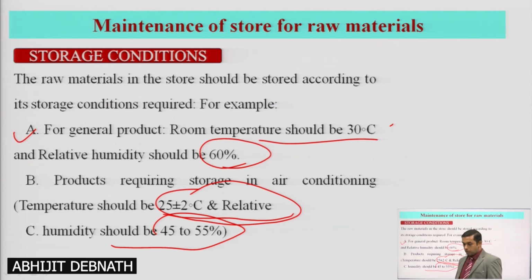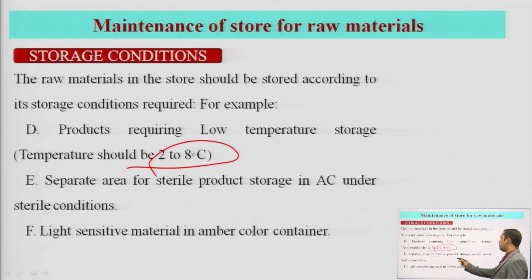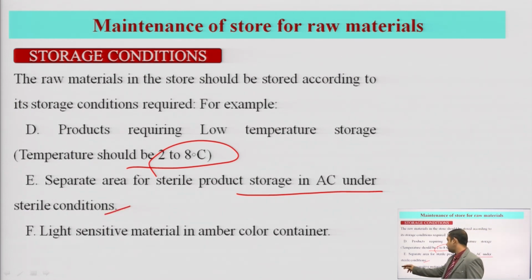Okay. So, you have seen there are two different stages. Also, products requiring very low temperature, in that case 2 to 8 degree centigrade, and separate sterile product under sterile condition in the AC.